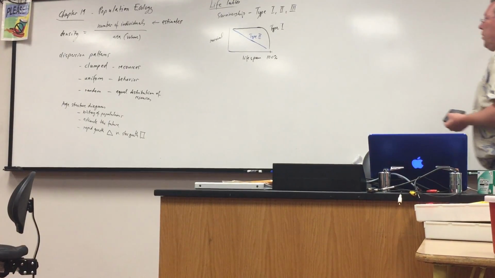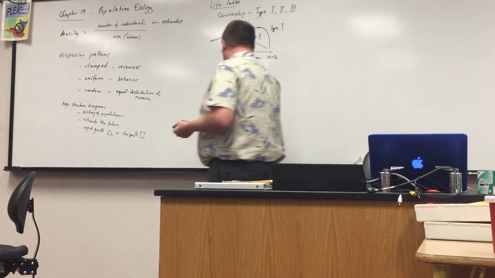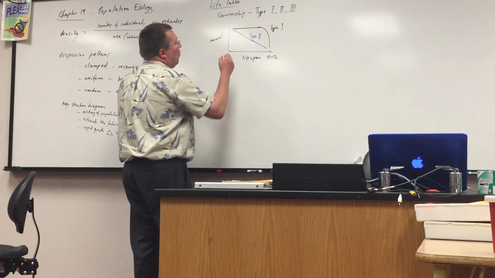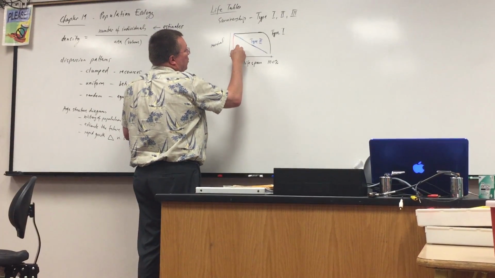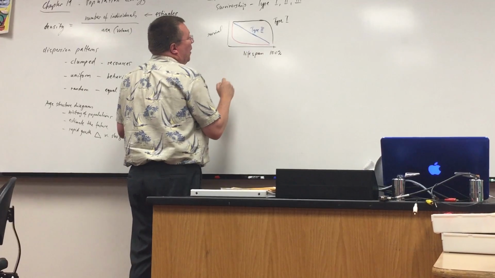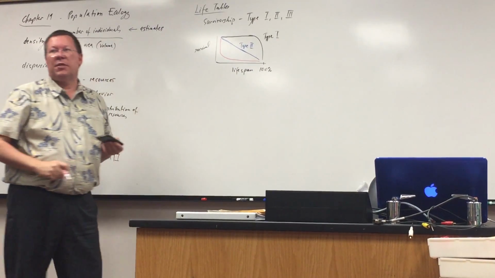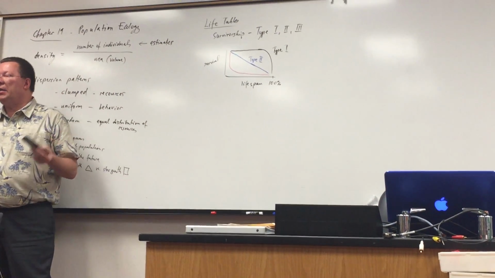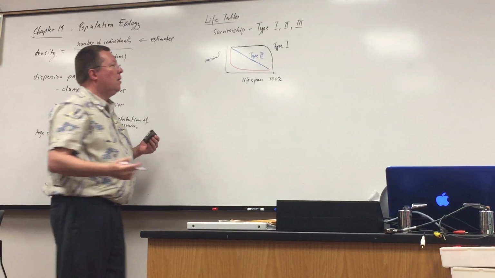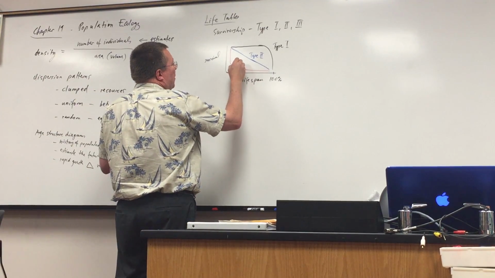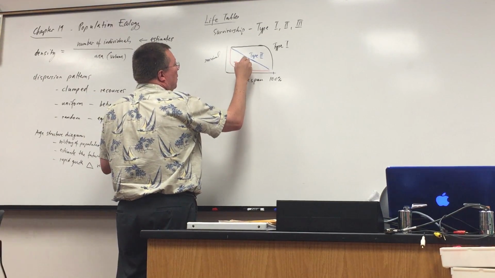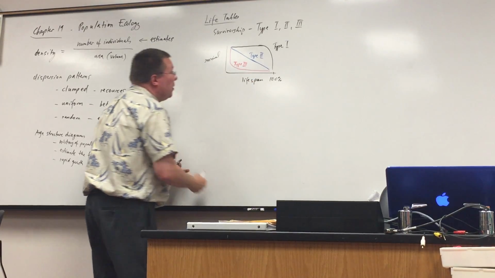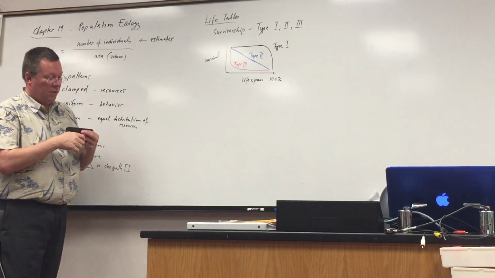And then lastly, you have some organisms where their survival early in life is highly questionable. But once they get going, once they become established, once they reach a certain age, perhaps a certain size, then it's going to be pretty long. And so this is the type 3 survivorship curve.